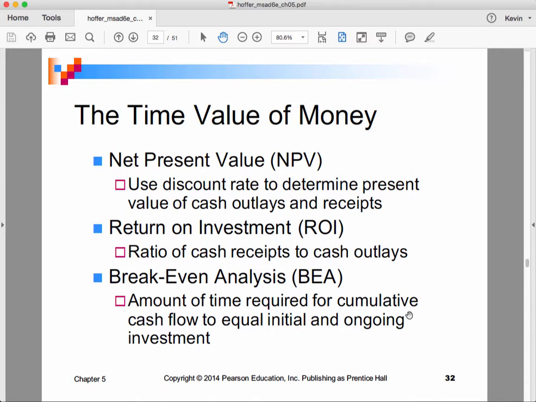So net present value is one of the ways that we compare cash flows. When you use the net present value approach, you take the discount rate to determine the present value of the cash outlays and the receipts. There's another way to do this called return on investment, or ROI.